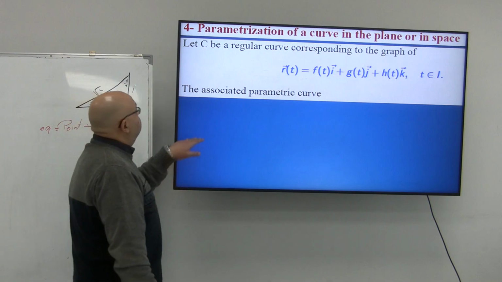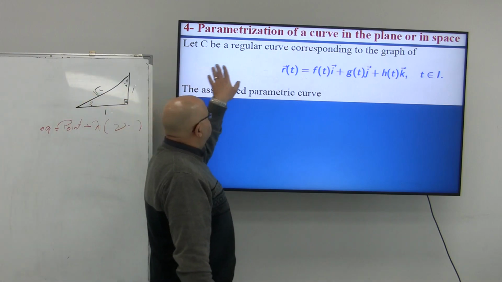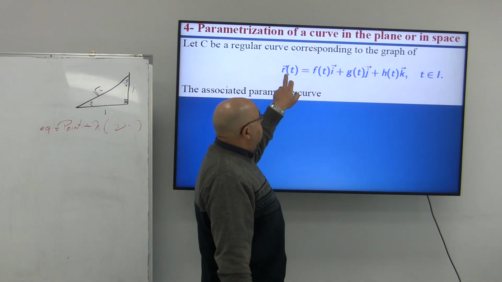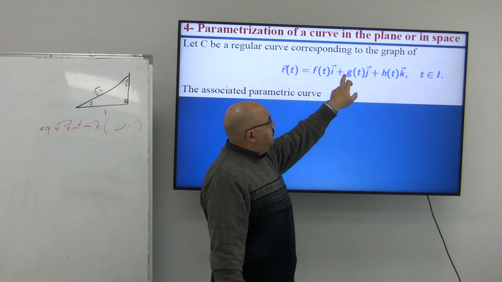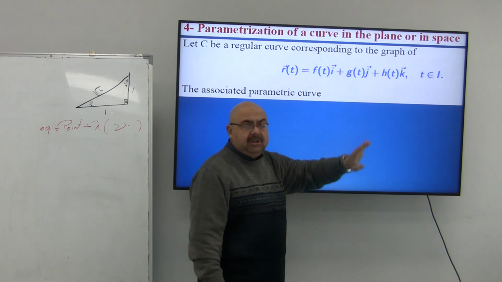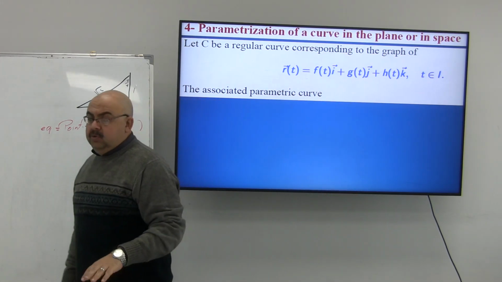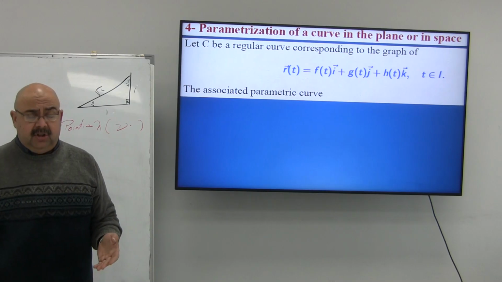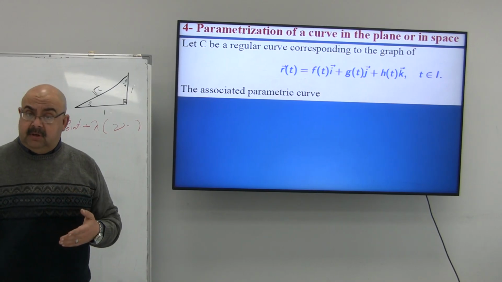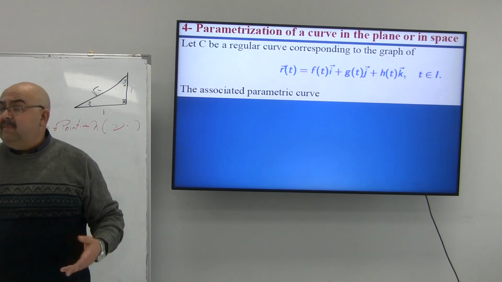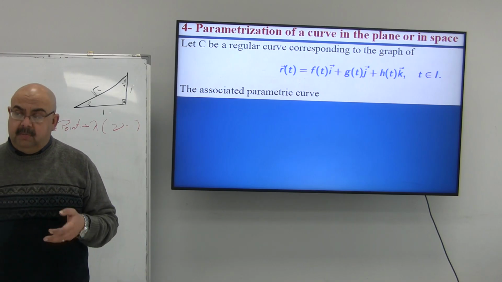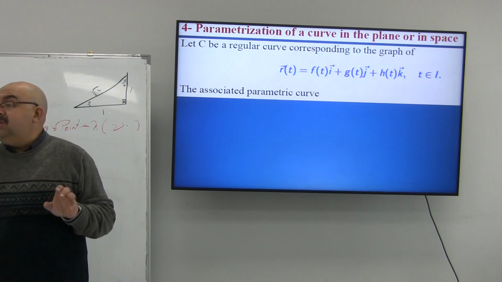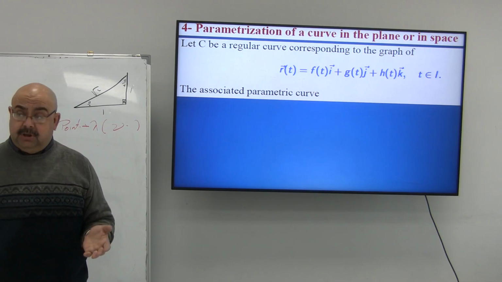If you have a parametric description for a regular curve, it's going to be r(t) equals f(t) in the direction of i, g(t) in the direction of j, and h(t) in the direction of k. We already introduced this parametric definition in the last lecture, and we know the benefits of using a parametric representation, because you are decreasing the number of variables in your equation.